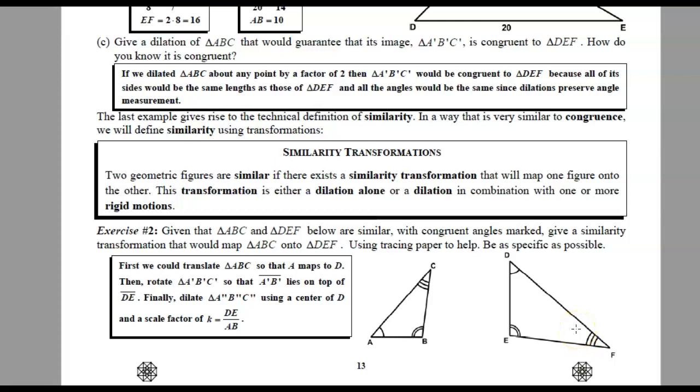And the dilation is going to say to take segment DE, which is our new one, and divide it by segment AB, which is our old one. And that will give us our dilation factor. That factor is bigger than 1 because I'm dividing a bigger segment by a smaller segment. But the important part of it is I'm dilating the new image by the old one. That's always the process we want to use to identify a scale factor, is to divide the new by the old. So K equals DE over AB.